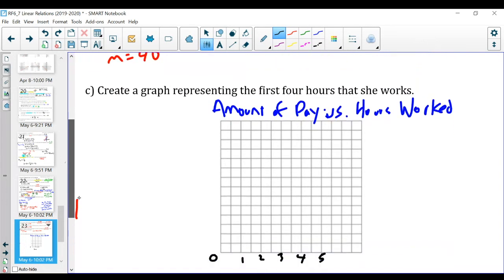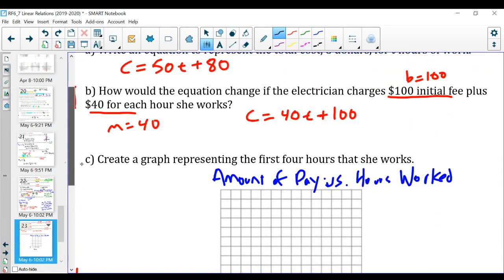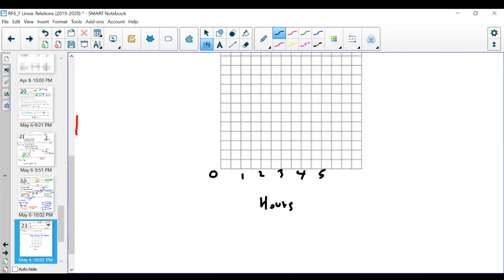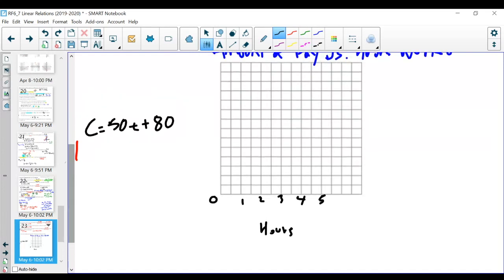If we're looking at the original one that we worked with, c is equal to 50t plus 80, let's go up by, maybe not 40, let's go up by 20s.